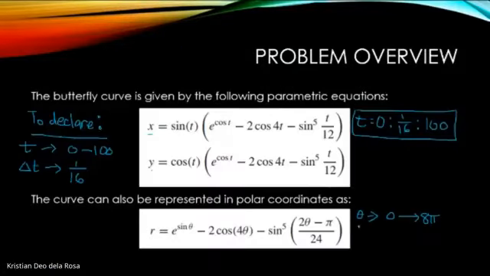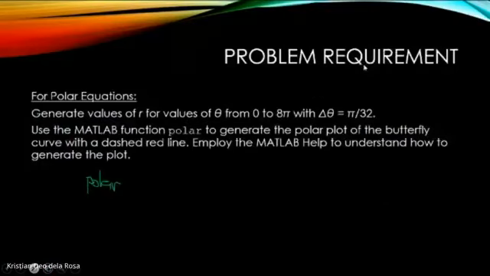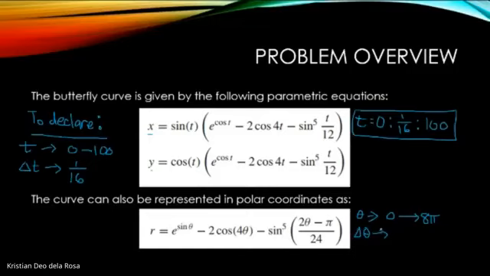So, interval natin or delta theta is equal to, kalimutan ko agad. That is pi over 32.